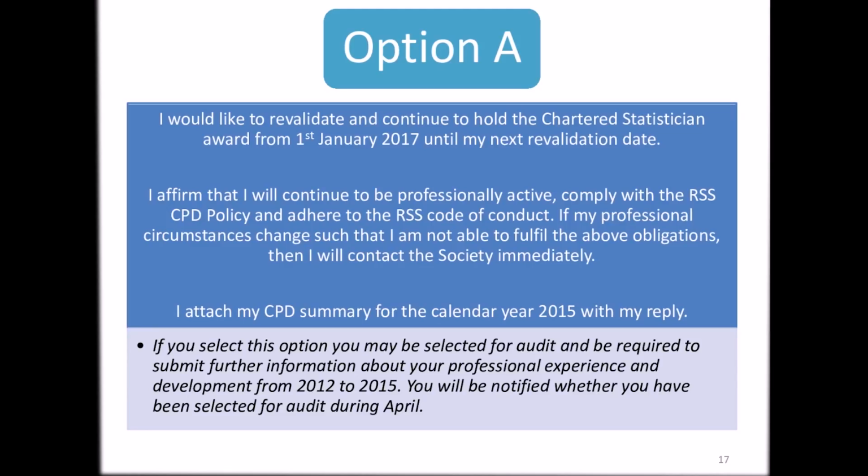And then there is the declaration. I affirm that I will continue to be professionally active, comply with the RSS CPD policy, and adhere to the RSS Code of Conduct. And if my professional circumstances change such that I am not able to fulfill the above obligations, then I will contact the Society immediately.